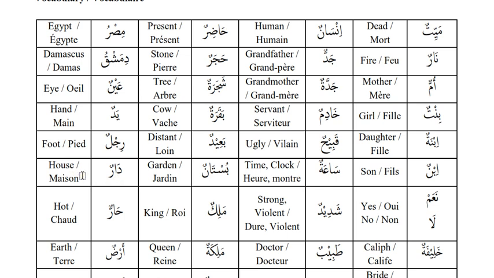When the word Baytun is used, it is masculine. But when the word Darun is used, it is feminine. For instance, we have other words here. Qabihun means ugly. If we want to make Qabihun feminine, it becomes Qabihatun.